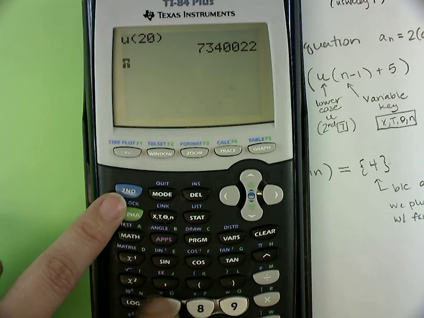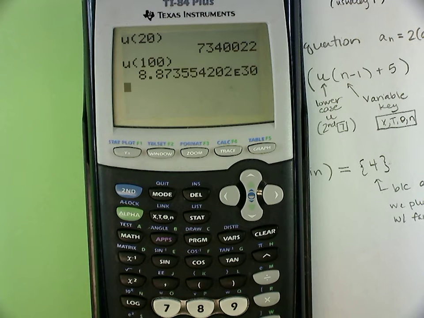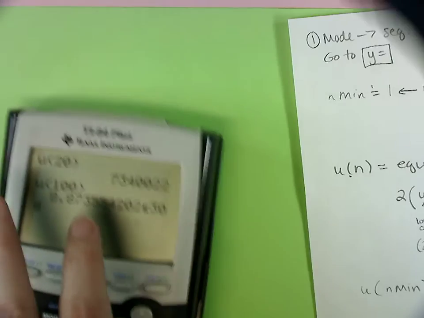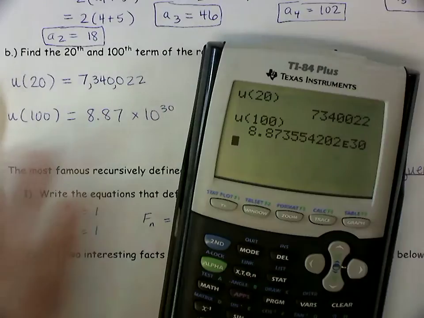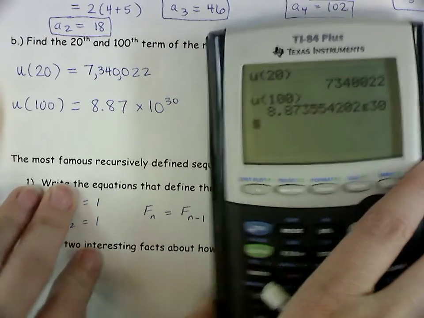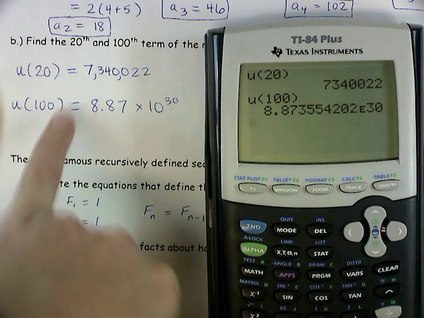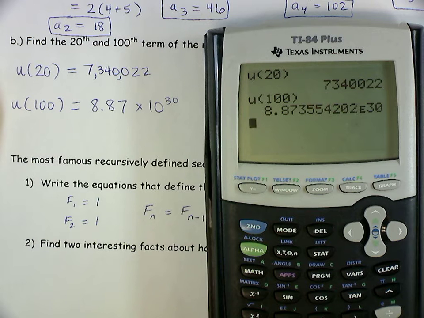And then I can do u of 100. And you can write this answer in scientific notation because it is so big. So for u of 20, we are going to get 7,340,022. And for u of 100, we can write it as 8.87 times 10 to the 30th.